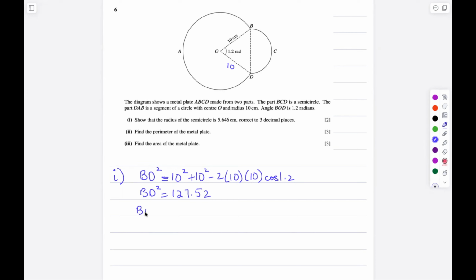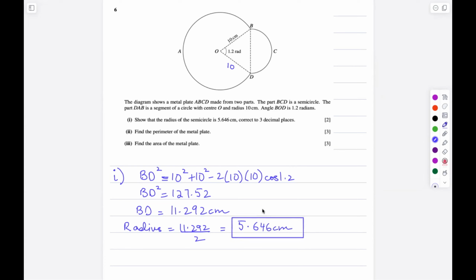Taking the square root of 127.52, that will be 11.292 centimeters, and the radius of the semicircle will be 11.292 divided by 2. So 11.292 divided by 2 will be 5.646. So this was the value that we had to prove, that the radius is 5.646.